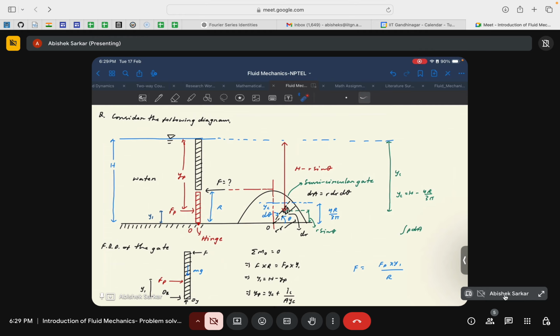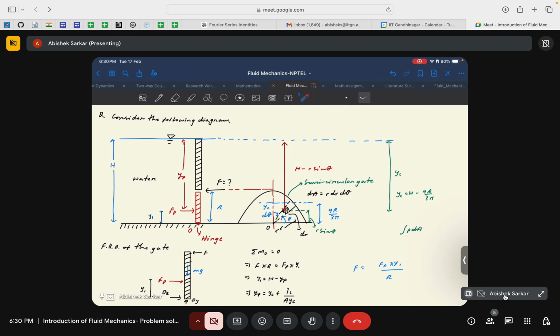The vertical height of this particular area from the base would be r sin theta, correct? So from the free surface, the distance of the centroid of this elemental area would be h minus r sin theta, correct? So that's why this distance is h minus r sin theta.